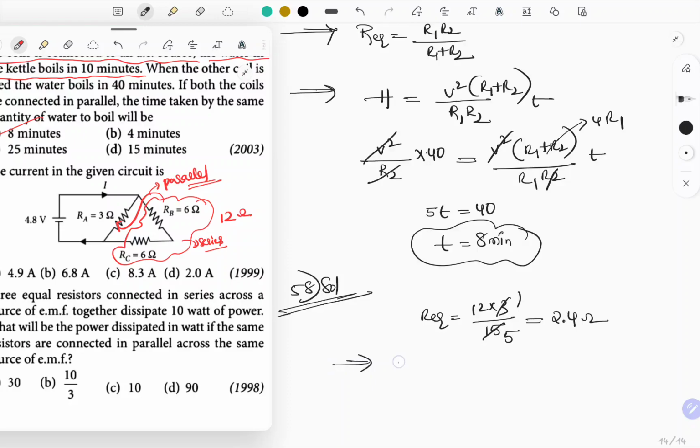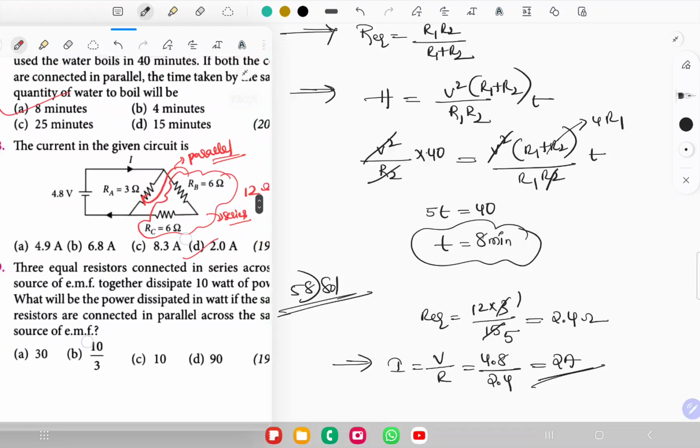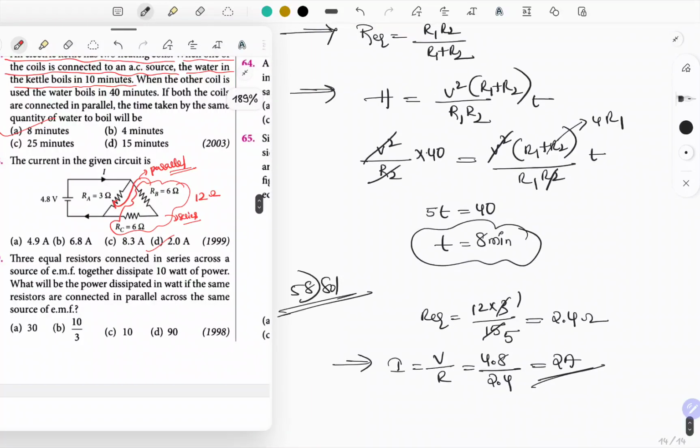The question they're asking is current I is equal to V by R. V value 4.8 volt divided by 2.4 ohm, which is equal to 2 ampere. So which option? Option D is the correct answer. Got it? Very good.